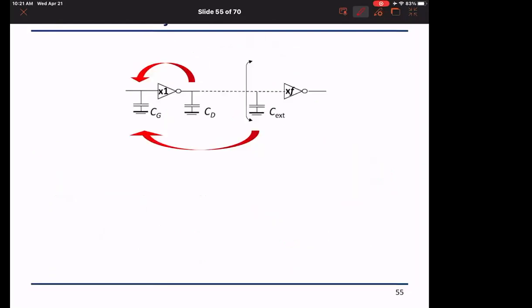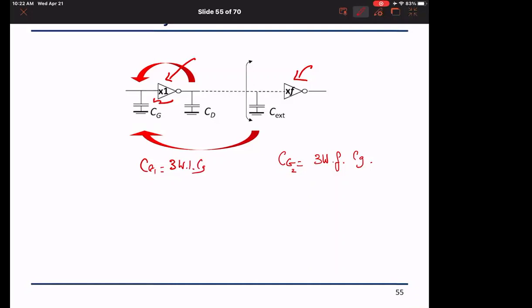If a transistor is sized F times my size, it will have CG equal to 3W times F times little CG, and since I am a one-times inverter, my CG1 is going to be equal to 3W times 1 times little CG.